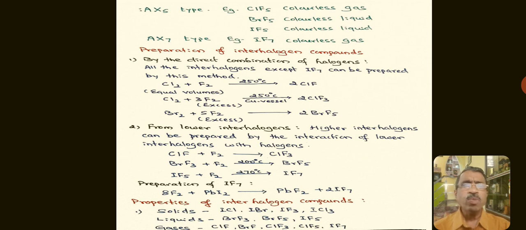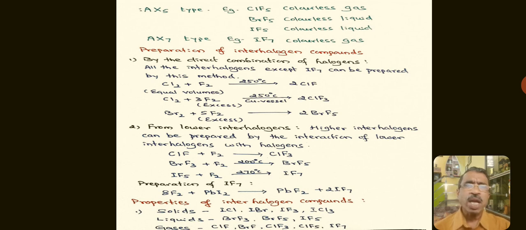When equal volumes of chlorine and fluorine are taken and heated to 250 degrees centigrade in a closed vessel, it gives chlorine fluoride. When excess of fluorine is used, then chlorine trifluoride is formed. Similarly, bromine pentafluoride is also formed. In the case of chlorine trifluoride, the temperature maintained is 250 degrees centigrade using a copper vessel.